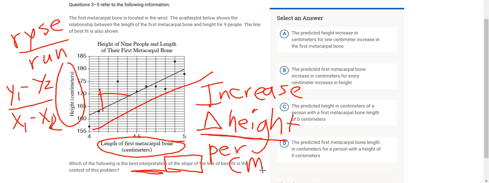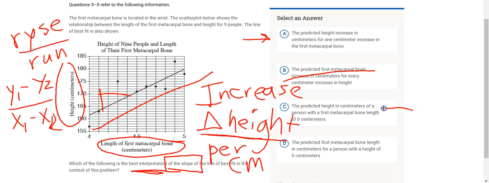So let's look through our answer choices. The predicted height increase in centimeters for 1 centimeter increase. That's a good possibility. Let's see, predicted first metacarpal bone increase. It's not the increase in the metacarpal bone, so that's definitely out. The predicted height in centimeters of a person with a first metacarpal bone length of 0 centimeters.